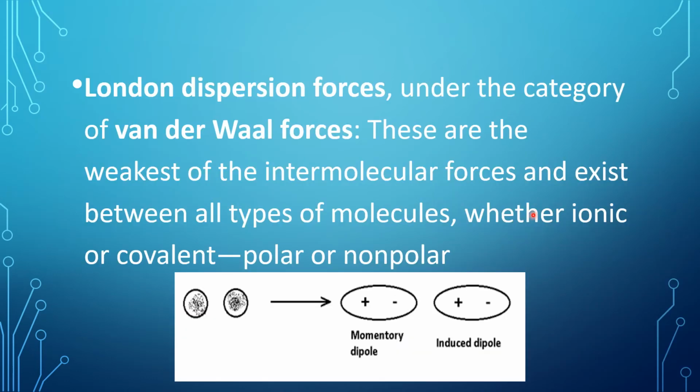Okay? Next, the London dispersion force, or we can call it van der Waals. So, these are the weakest intermolecular forces that exist between all types of molecules. Sorry, let me repeat.